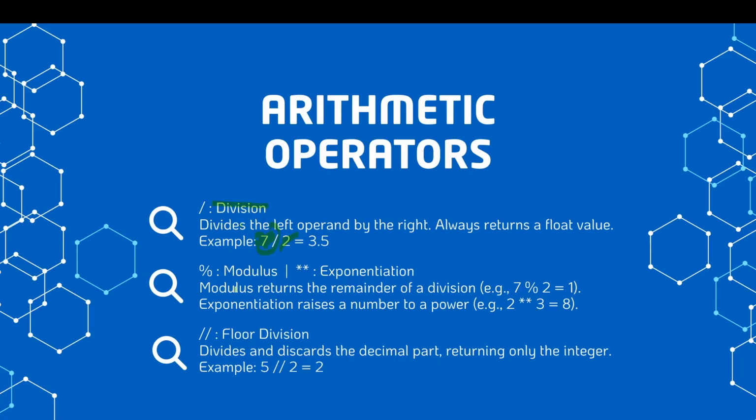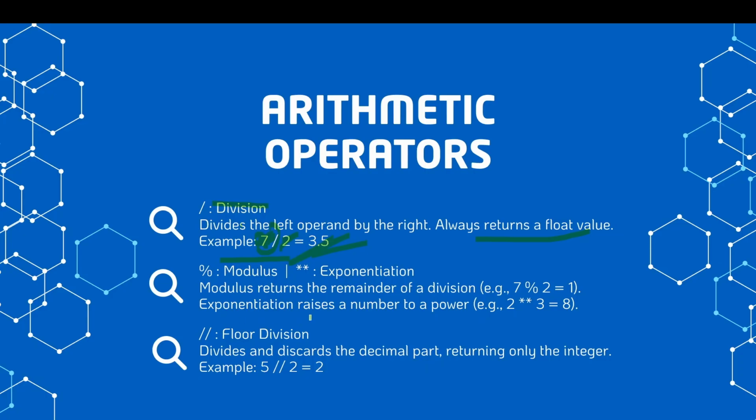When we divide 7 by 2, we are going to get 3.5. In the division operator, it always returns the value in float. We have discussed in our previous lectures why float value is more precise. So whenever we do division operations, we always get the float value. An example is also given: 7 divided by 2 is equals to 3.5, which is our float value.